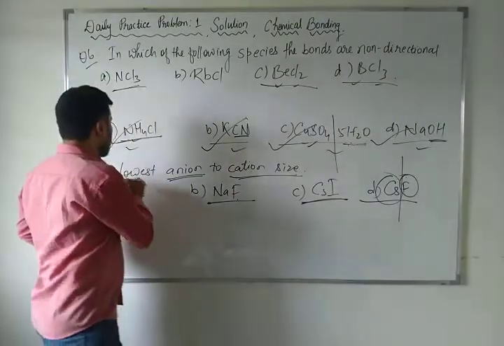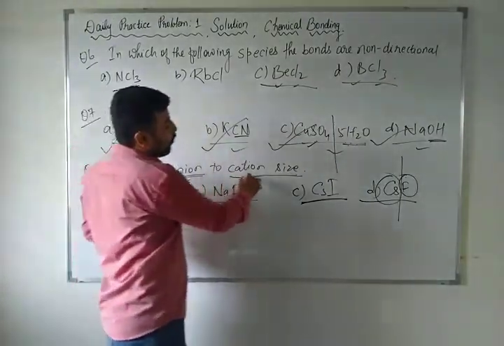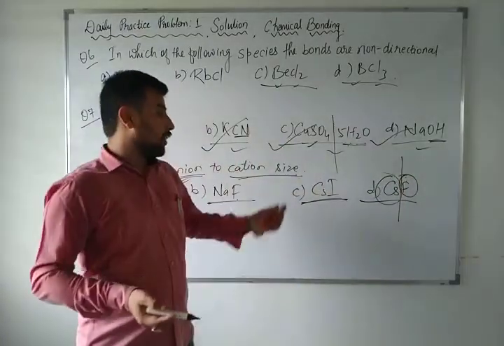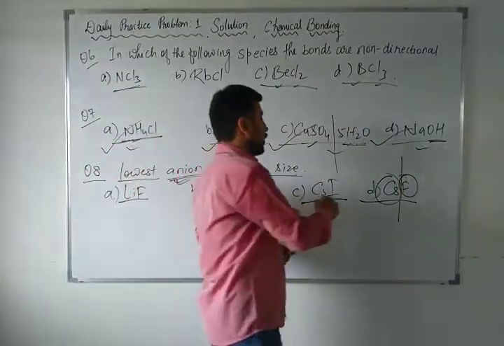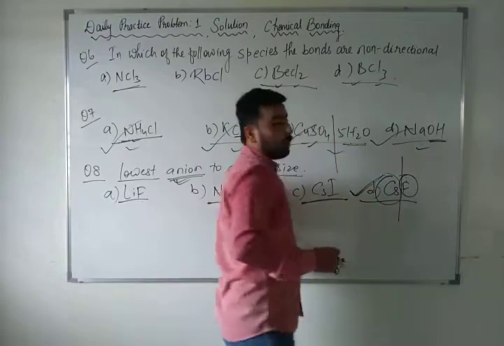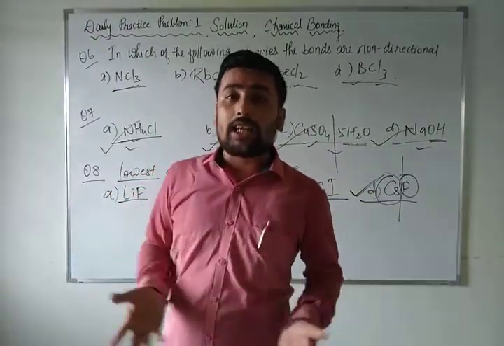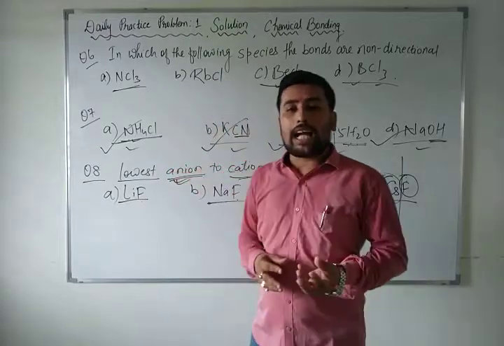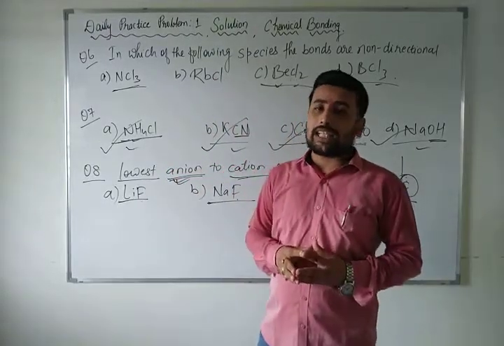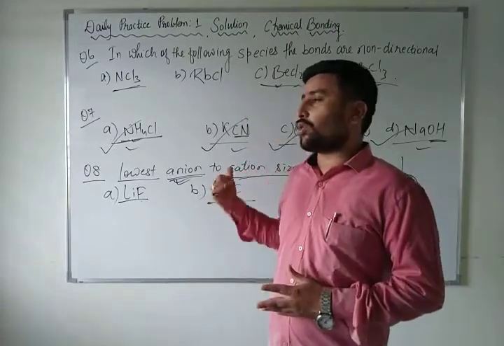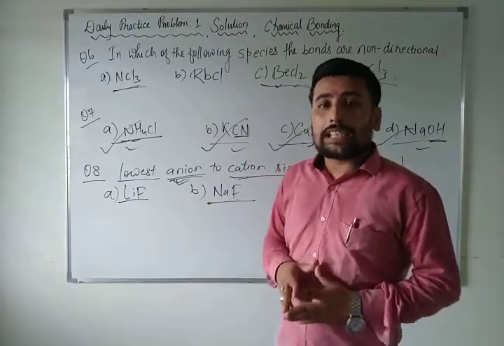The question was lowest anion to cation. The anion is the smallest, the cation will be the maximum. So the right answer will be option D. Why? Because cesium has a large atomic size and fluorine has a very small atomic size. So that's why, for the lowest anion to cation size ratio, the right answer will be cesium fluoride.